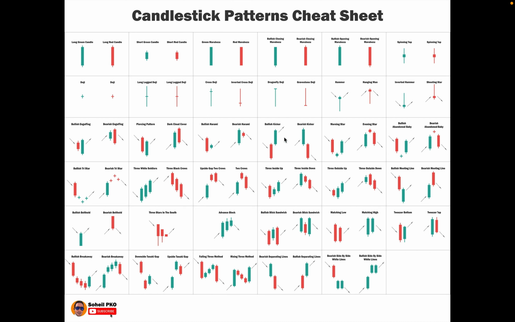You can actually screenshot this and then study it very well. The same thing here: bullish kicker, morning star, evening star. I think I explained this just now, where you have the market coming from the downside and then the market goes bullish. That's how it happens. You can see the direction and how it happens.